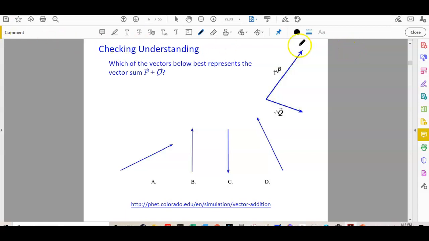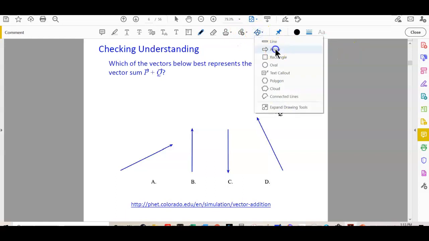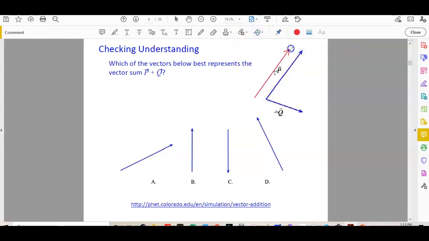All right, well, we're back. Here we go. What I'm going to do is take an arrow and draw it, and that's going to be my P vector. Okay. And what's great about the PDF is I could overlay this vector right on top of this, right?